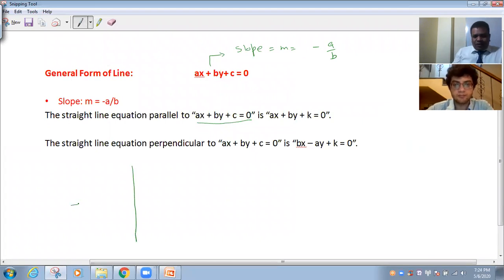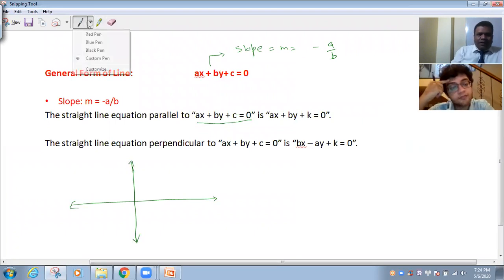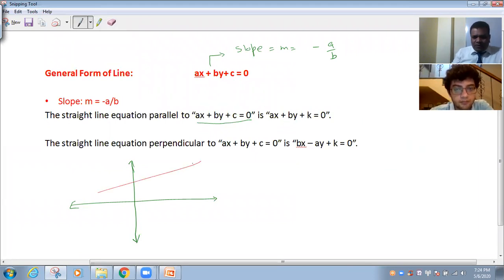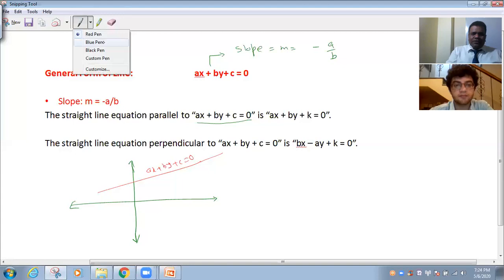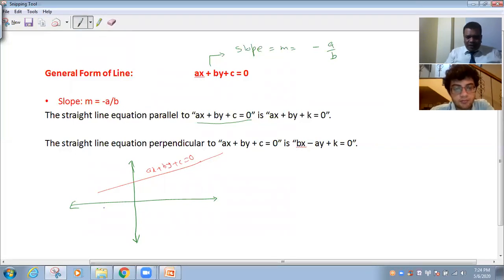Let me sketch the coordinate system. Maybe this is the x-axis, this is the y-axis, and let us assume this line is somewhere like this. This is ax plus by plus c equal to 0. What is the equation of line which is parallel to this line? So first we'll see where lines be. Parallel line be something like this.